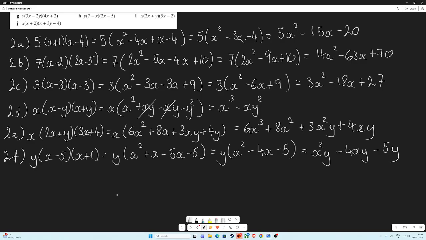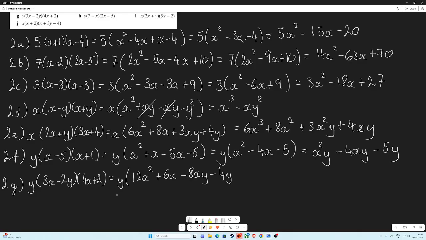Let's do 2g. So we have y times 3x minus 2y times 4x plus 2. That is y times 12x squared plus 6x minus 8xy minus 4y.